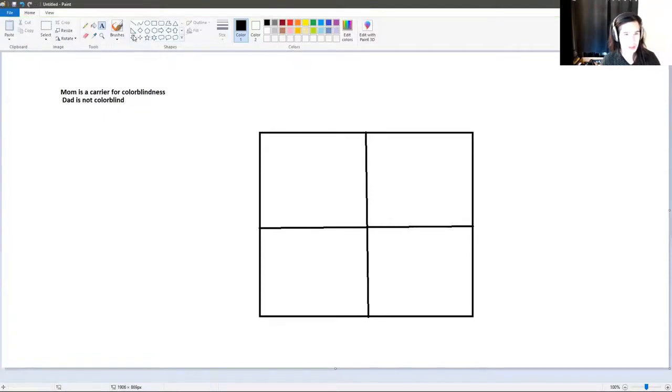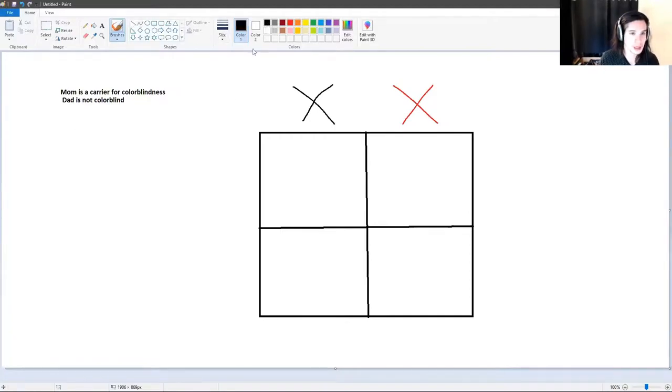And so what letter should we use here? Or actually, we could just use the XY chromosome. So mom is a carrier for color blindness. So she's going to be XX, right? So here's one of her alleles that does not contain the allele for color blindness, but she also has another, because she's got two X chromosomes, and one of them happens to carry the allele that says you shall be colorblind.